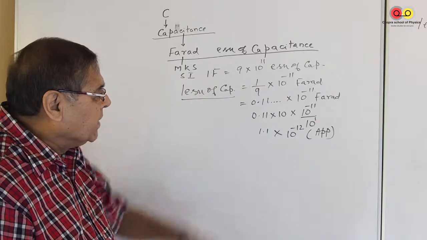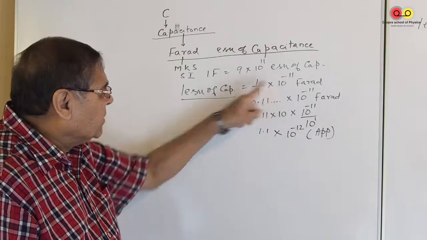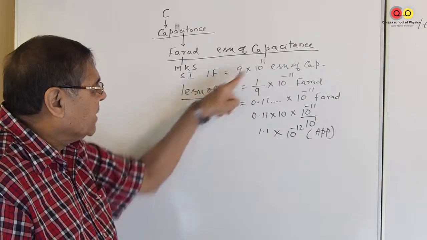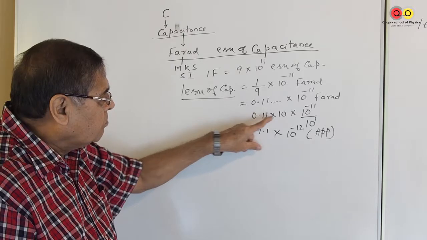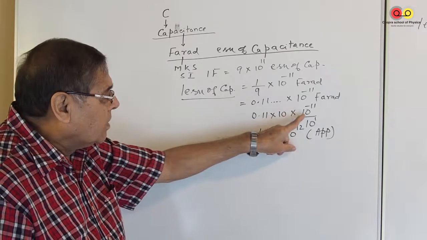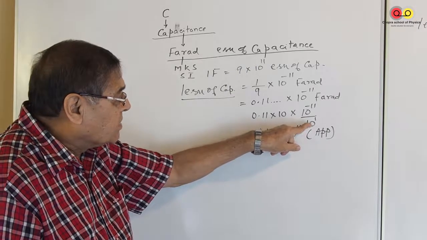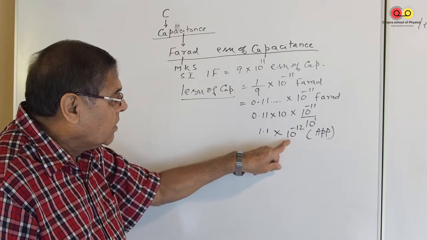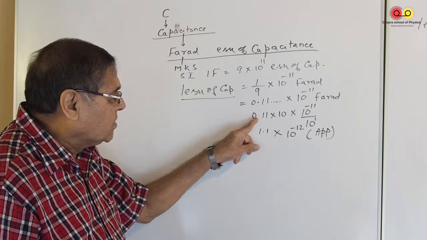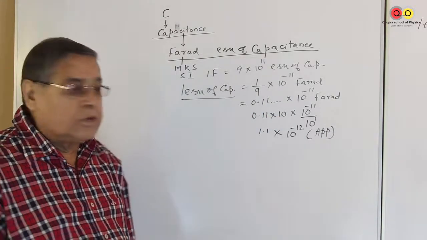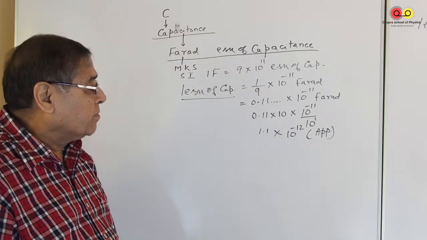This is an unending number. We have taken here a negative exponent by the inverse function, and 0.11 is now multiplied by 10 and the power of ten is divided by 10. So this number converts to 1.1. The decimal shifted towards the right side, so it is a one decimal place number. This is called a significant number.